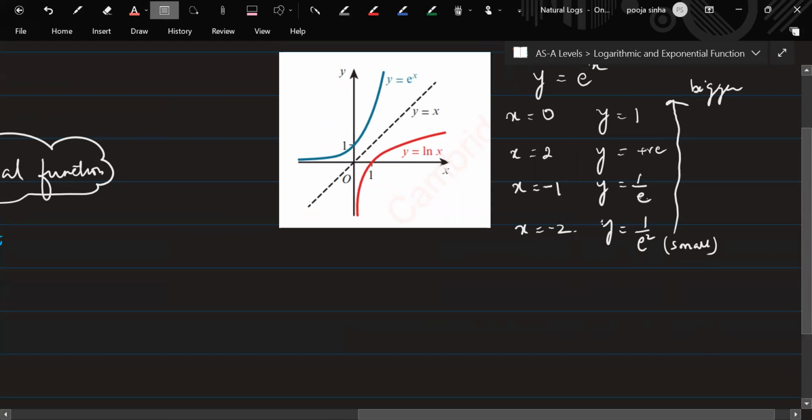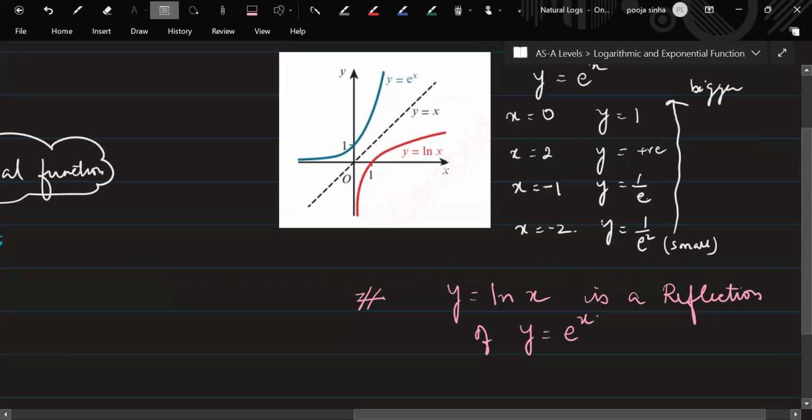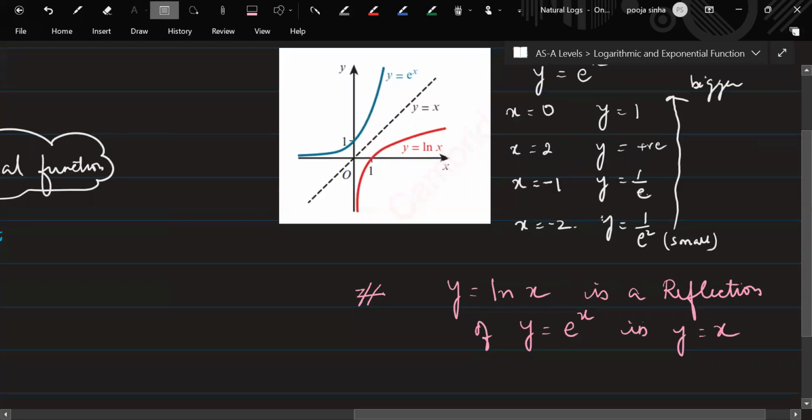I will write 2-3 pointers here, which you have to keep in mind. y is equal to ln x is a reflection of y is equal to e raised to power x in y equals x. Is that clear first? Do you see that happening here?